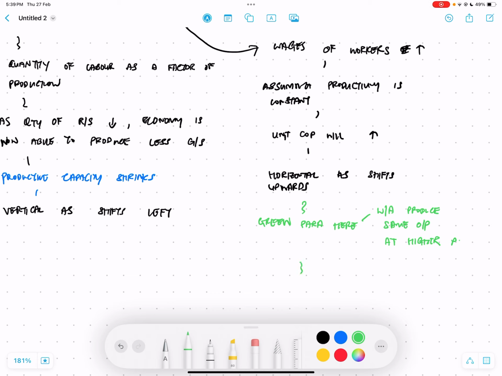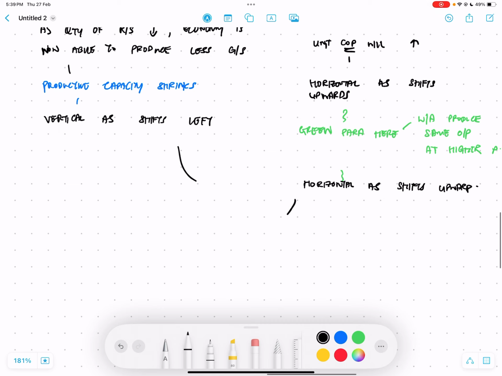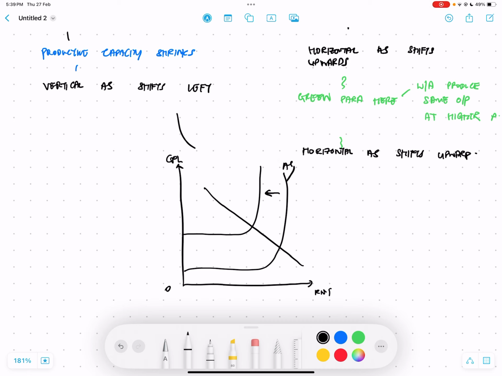And so the horizontal AS shifts upward, because again the cost of production increases. So we have a situation where it shifts left and up, so we get a diagram that looks like this. You shift it this way, AS0 is here, AS1 is here, then just get your P's and your Y's out.